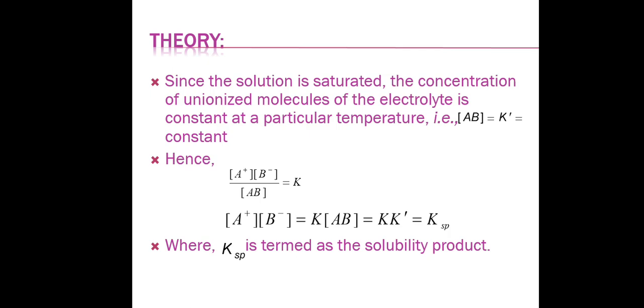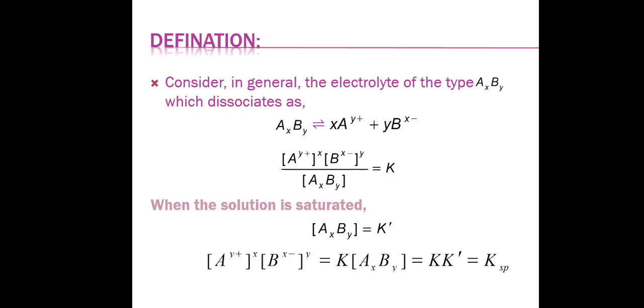Now, let us try to generalize it and take a more general equation where an electrolyte of the type AxBy is dissociating. AxBy, when it dissociates, gives me x number of A to the y plus, and y number of B to the x minus.